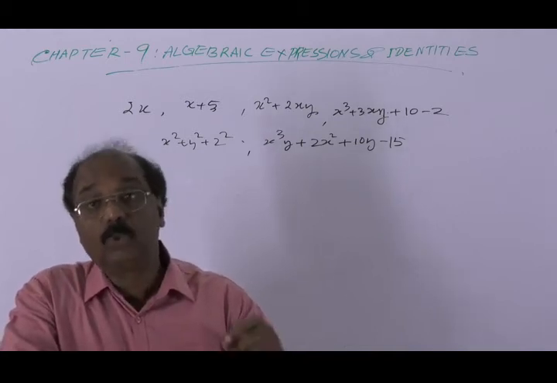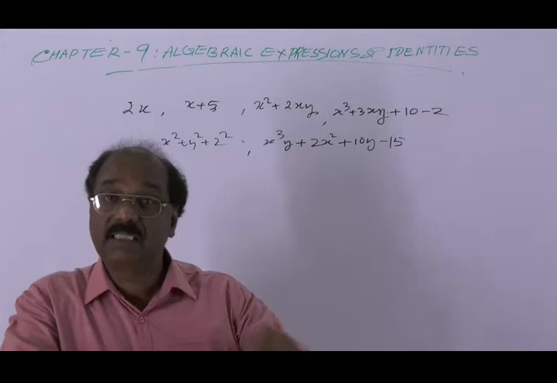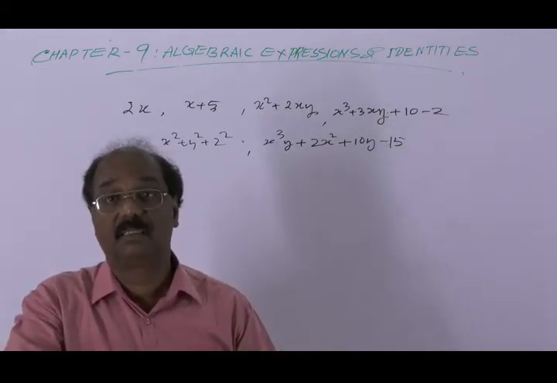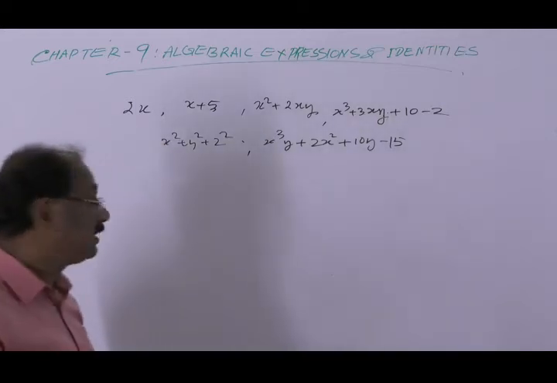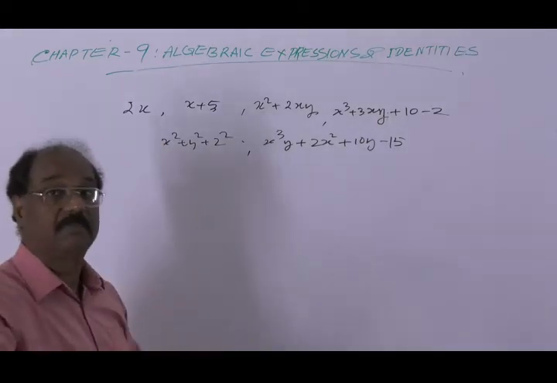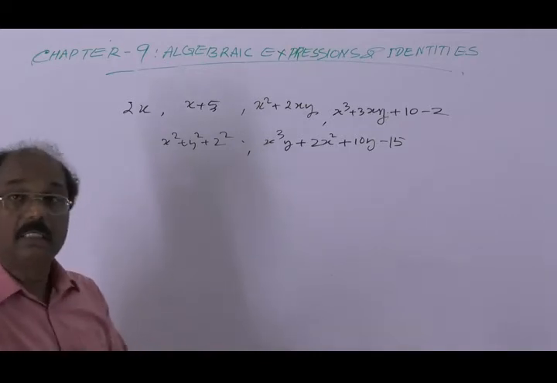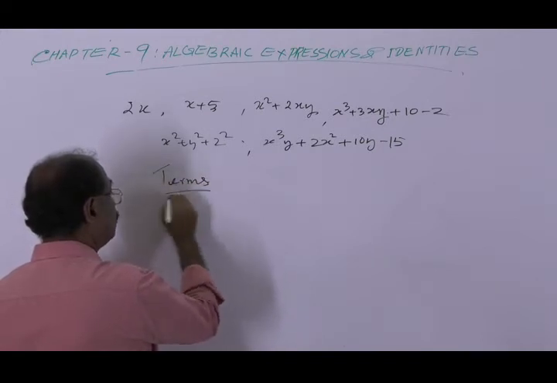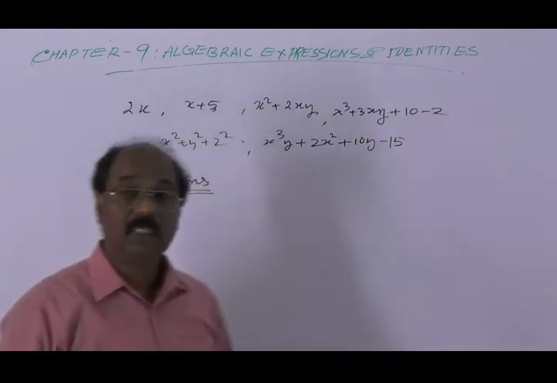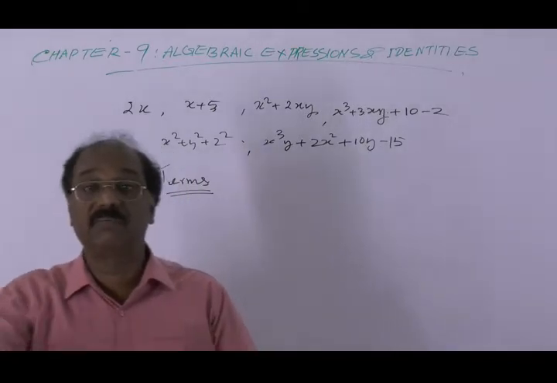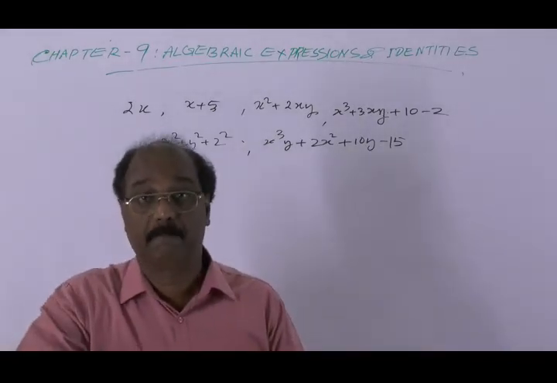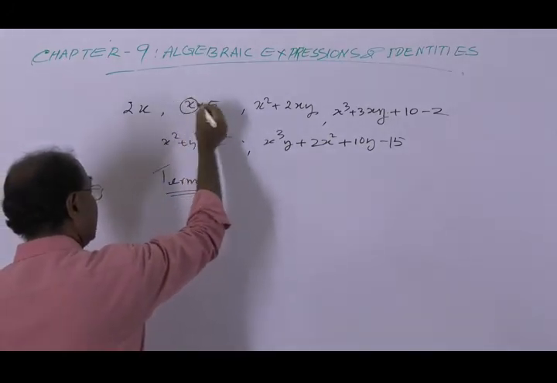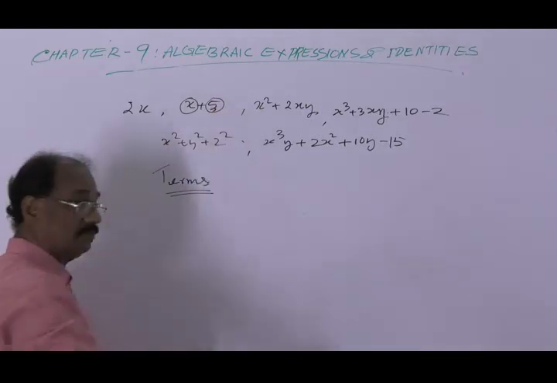Now, the parts or components in an expression connected with the operators addition and subtraction are called the terms of the expression. So in this expression, x is a term, 5 is also a term.